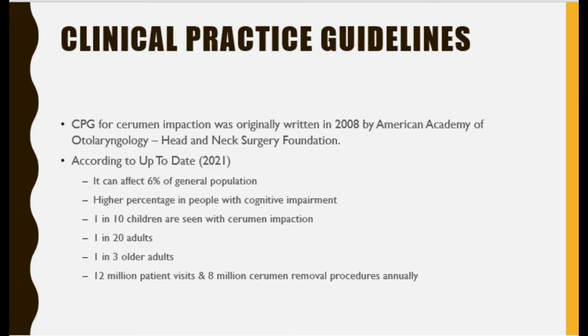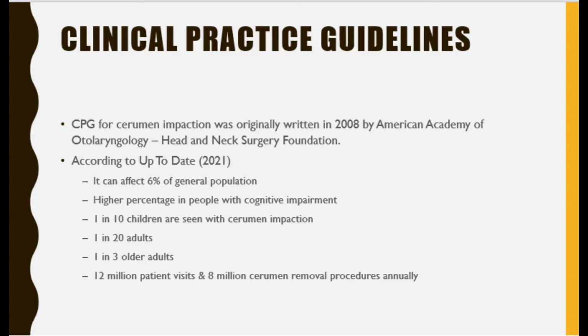According to UpToDate, written in 2021, these are some of the reasons why it's important to know about cerumen impaction: it affects 6% of the general population. There's a higher percentage in people with cognitive impairment. 1 in 10 children are seen with it, 1 in 20 adults, and 1 in 3 older adults.